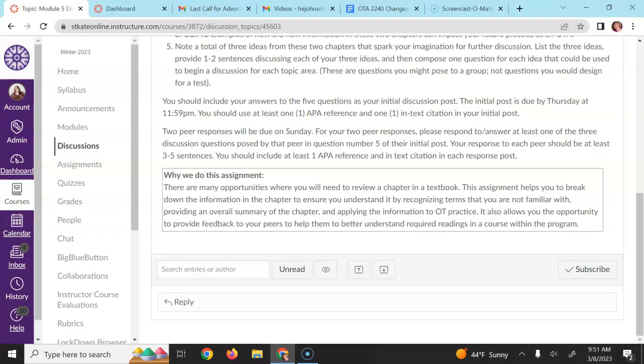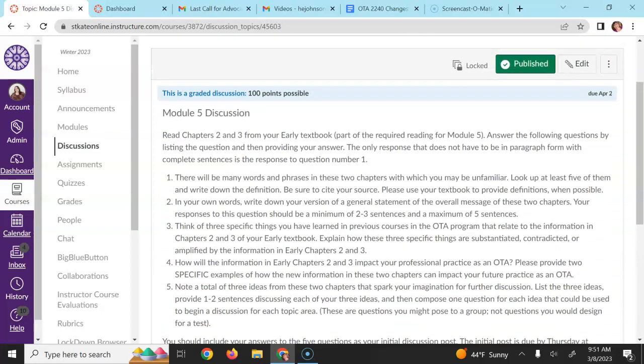This also allows you the opportunity to provide feedback to your peers and help them better understand the information, maybe from your point of view. So this really is an awesome opportunity for you as classmates or peers.